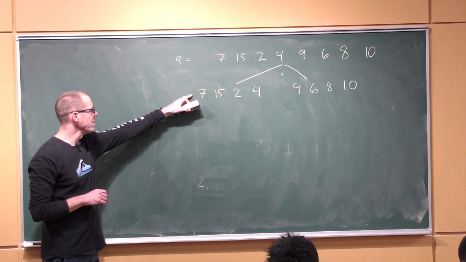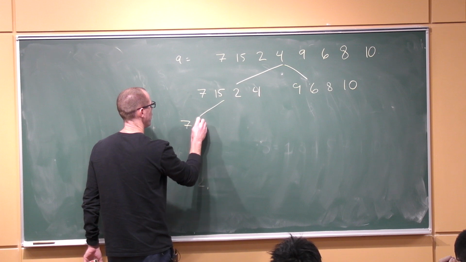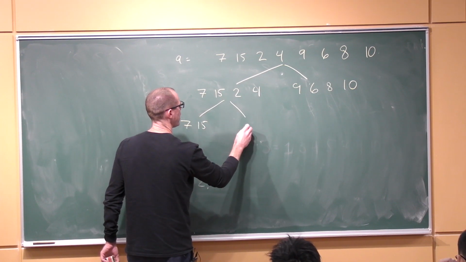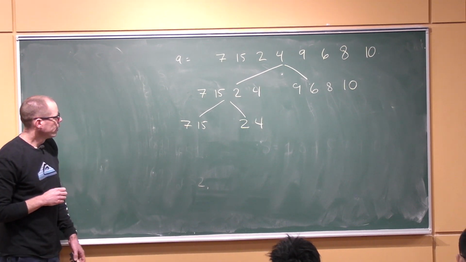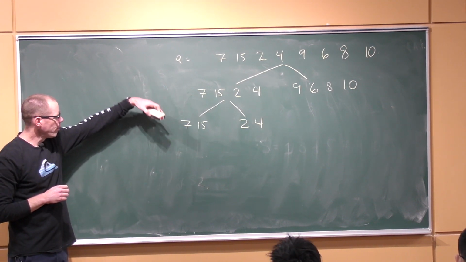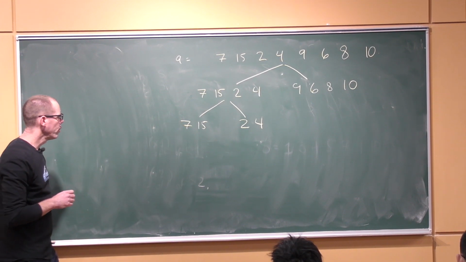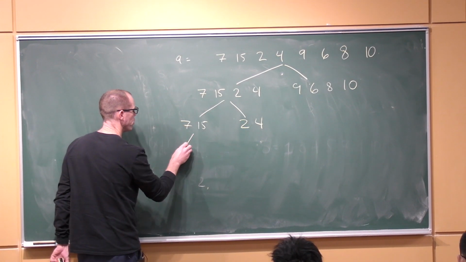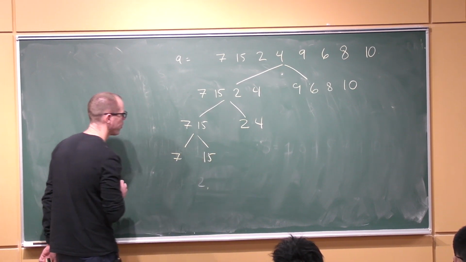So it's going to split this list into two, a first half and a second half. And now it's going to call itself recursively on the first half, which is going to split this list into two, a first half and a second half.